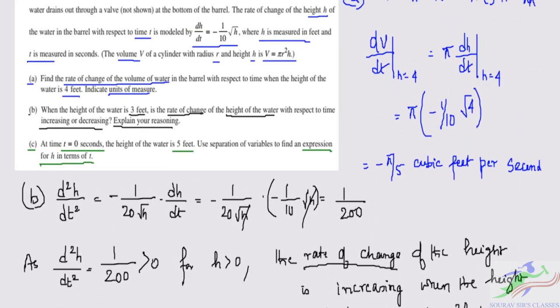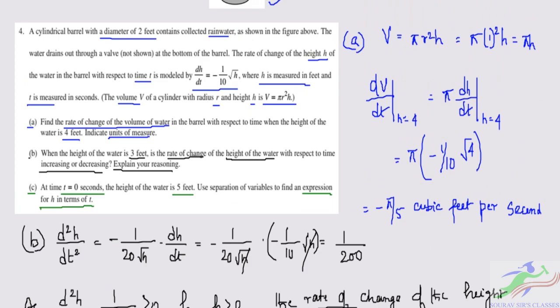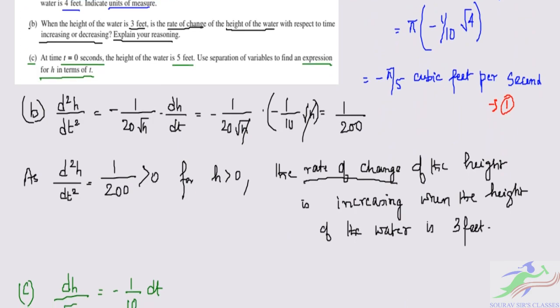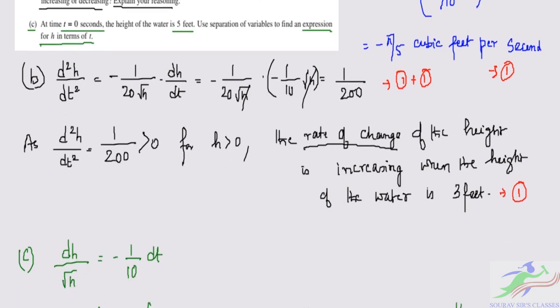Now let us see the point distribution for question 4. In part A, the dV/dt will fetch you 1 point, and the answer with units fetches 1 point, so 2 points. In part B, 1 point for dh/dt, 1 point for d²h/dt², and the explanation will fetch you another point, so 3 points.